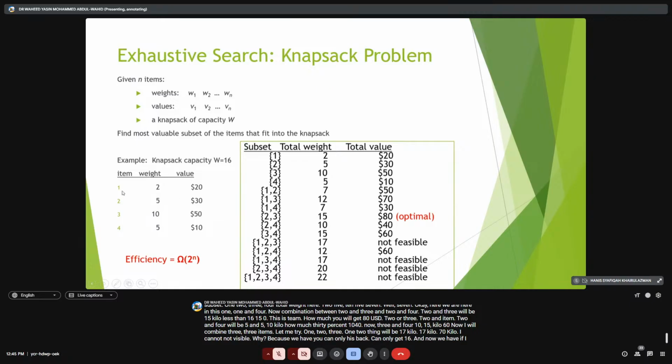If I collect items 1, 2 and 3, he will get 17 kilogram, which is more than his bag. So not feasible. Now I will collect 1, 2, 4: 12, 5, 17. So it is not feasible.